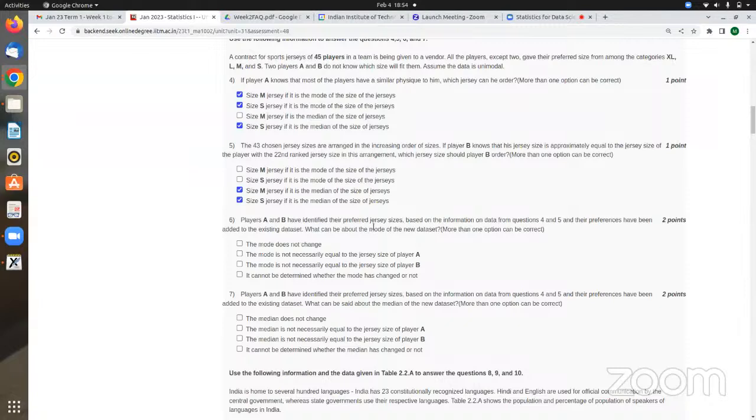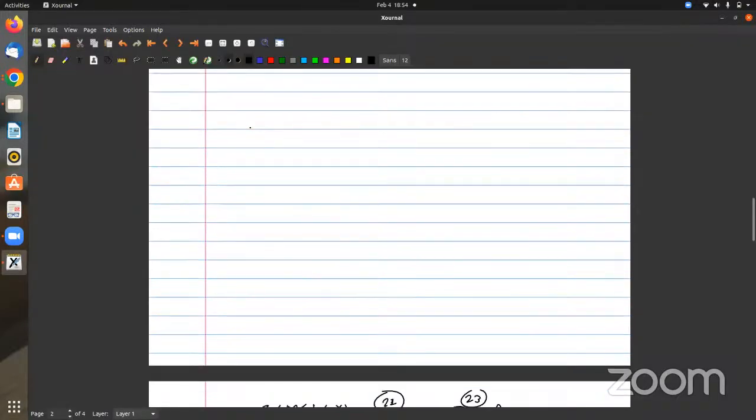That is the important thing. So let's say S is my mode, and also S is my median of the jersey sizes. Then my data set would look somewhat like this.